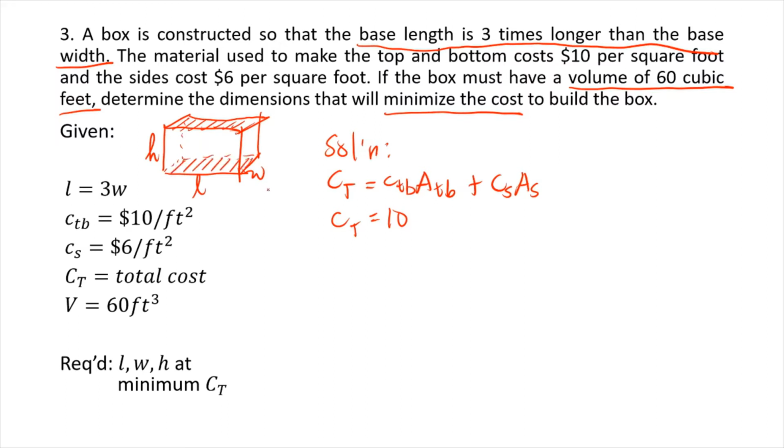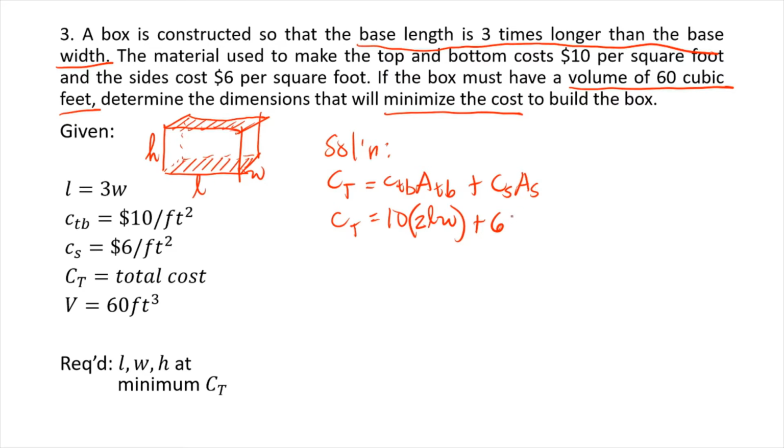The area for each is length times width, so we have 2 times length times width, plus cost for building the sides, $6 per square foot, so we can just put 6.